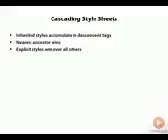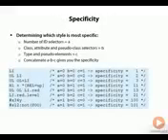Sometimes, however, it is difficult to know or determine which style should win when there are many conflicting styles. The actual rules for determining this are the specificity rules, which are mildly complex.